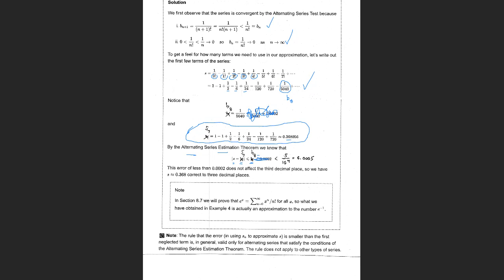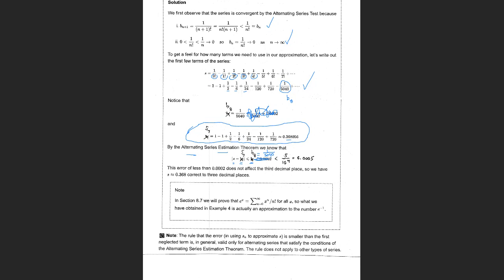B sub 8 is equal to 1 over 5040, right? Let me try to write it in there. Okay, 1 over 5040 is B sub 8.